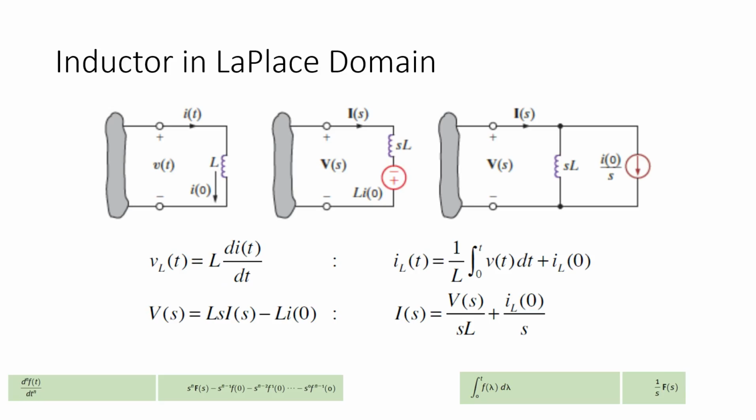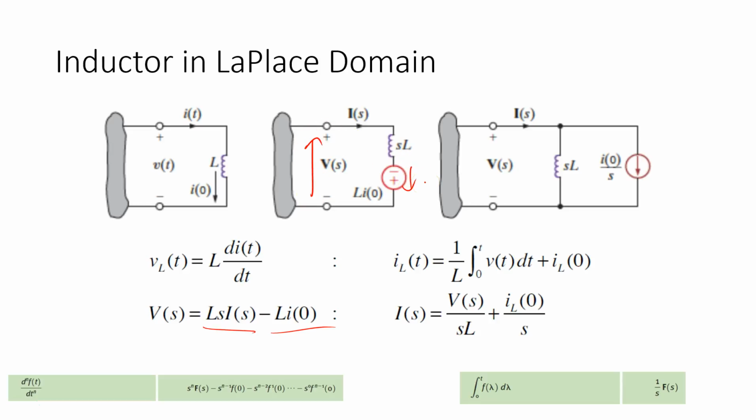So if we move on to the inductors, again we do the same thing. We write our differential or integral equation, we convert it to the Laplace domain, and we will see here V is equal to something multiplied by I, which would be the impedance, plus Li0. So in this case, our impedance is sL, and we have a voltage source which is negative here, which means it goes in the opposite direction to V(s).